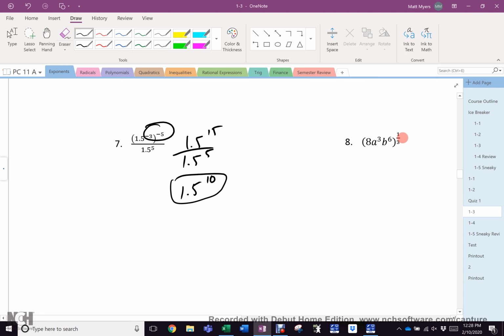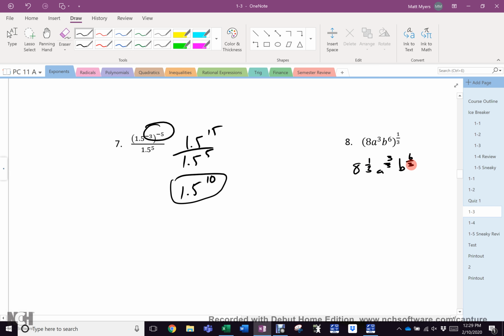There's 2 ways to do number 8. Gagan, what's your way? Okay. So then you would get 8 to the 1/3, a to the 3/3, and b to the 6/3.